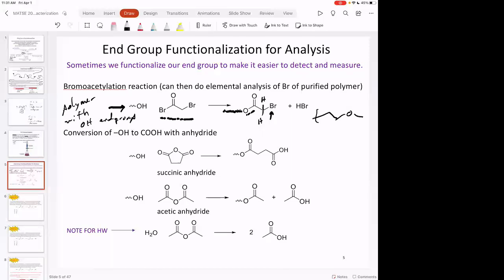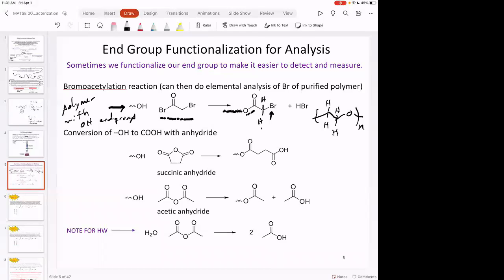You've got these protons in PEO. Those are nominally equivalent because they have an oxygen on each side. And so making a nice NMR signature for these protons can be done with bromoacetylation.